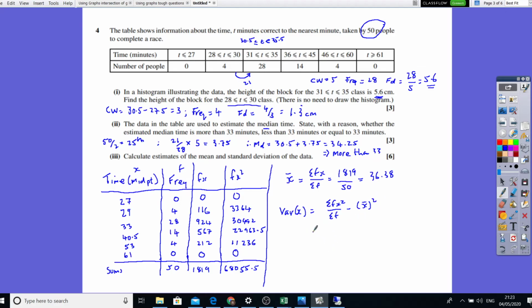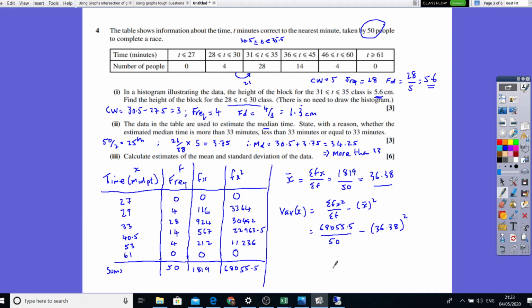So that's going to be 68055.5 divided by the sum of frequency, 50, subtract the mean, 36.38, all squared.